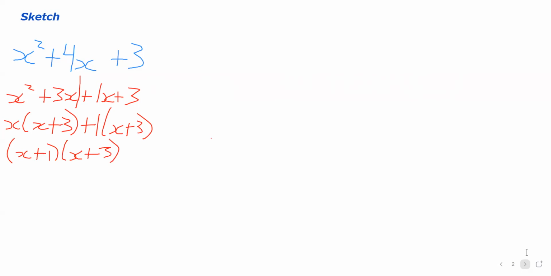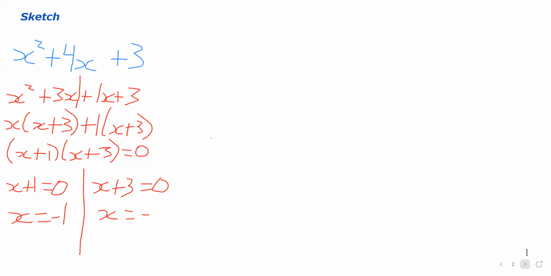Now we can solve. We make it equal to 0. So x plus 1 equals 0, or x plus 3 equals 0. Therefore, x is equal to -1, or x is equal to -3.